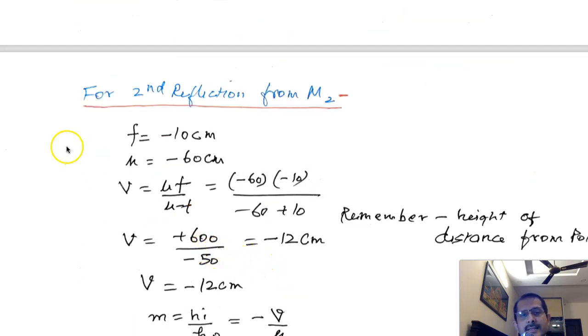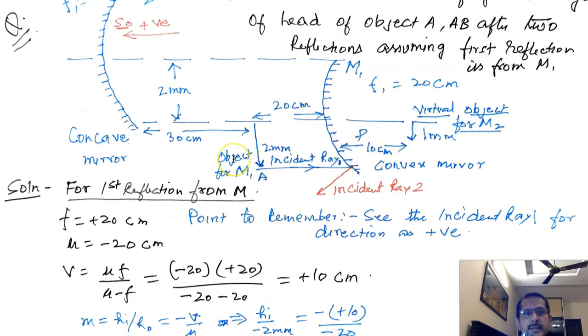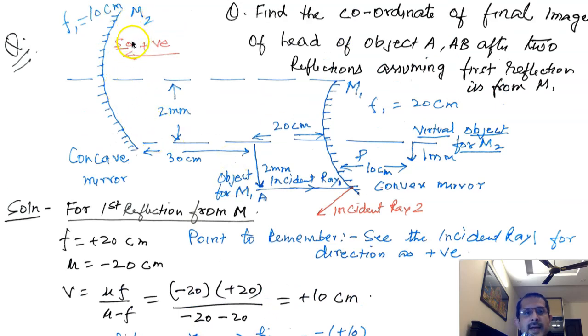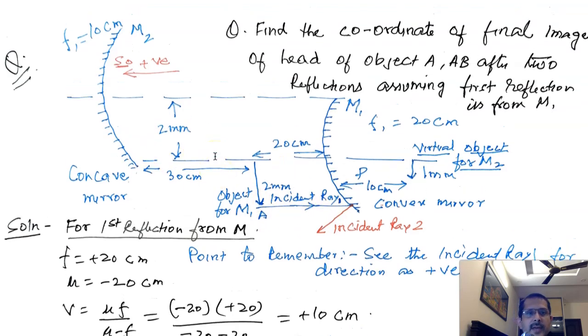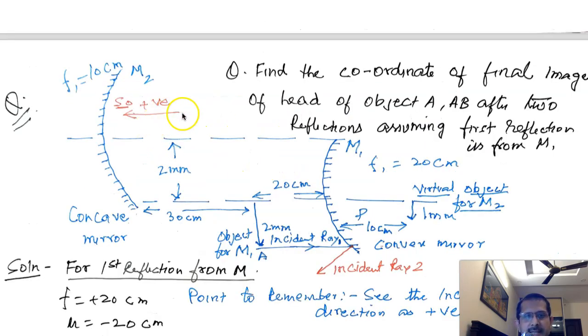Now, for the second reflection from M2, f is equal to minus 10 centimeter, because it is a concave mirror. Let me quickly go to the circle. This is a concave mirror. Now remember one thing, in this case the incident ray is coming in this direction, so this will be positive.